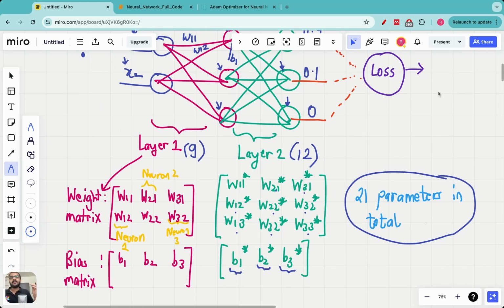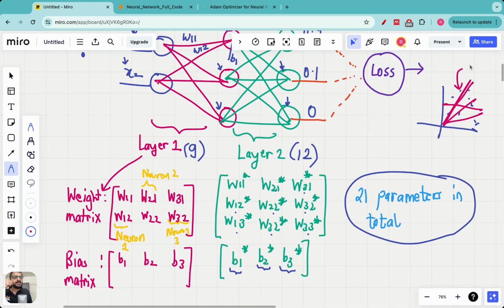So let's say you have a bunch of points like this and you want to find the perfect straight line which goes through all these points. Initially you might start out with a bad prediction, and then you will improve, and ultimately you will find the straight line which goes through all the points.